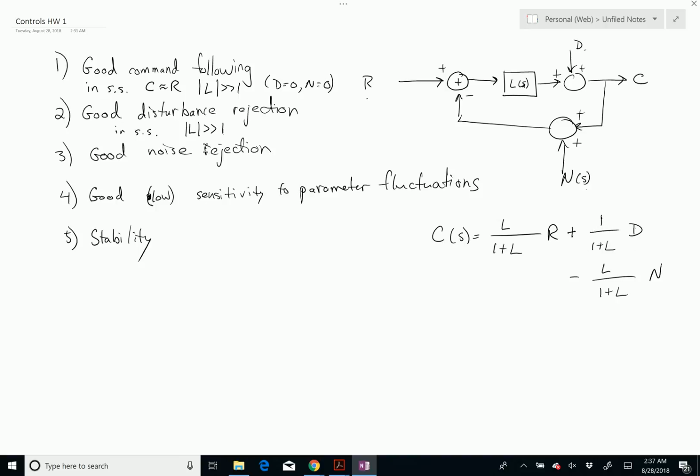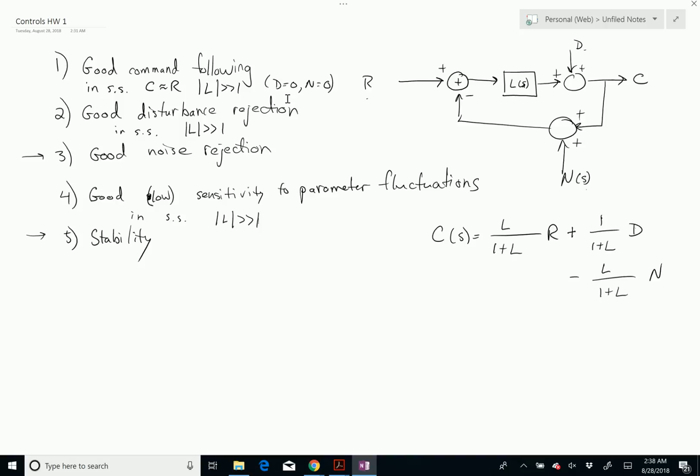For good noise rejection, I don't touch that in this homework, so I'm not going to talk about that one. Neither is stability, so I'm going to skip these two. The other one that I talk about in the assignment is low sensitivity to parameter fluctuations. For that, what we said is that in steady state, I want the magnitude of L to be much, much greater than 1.